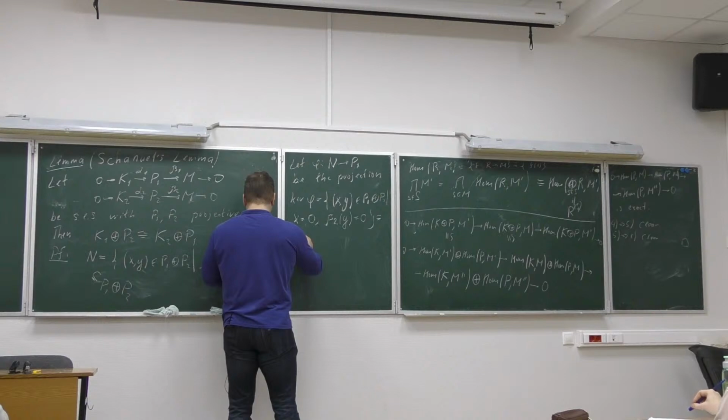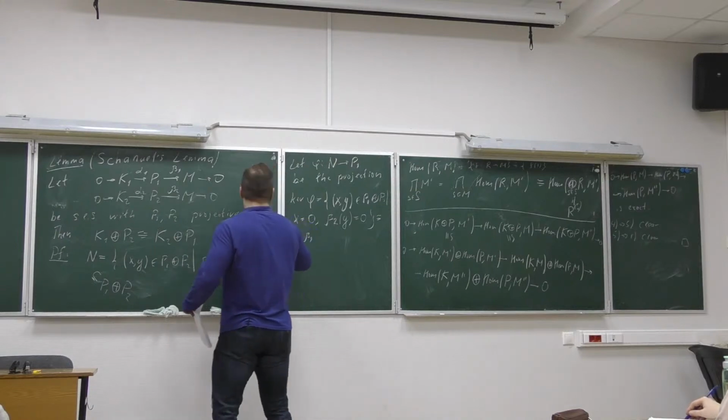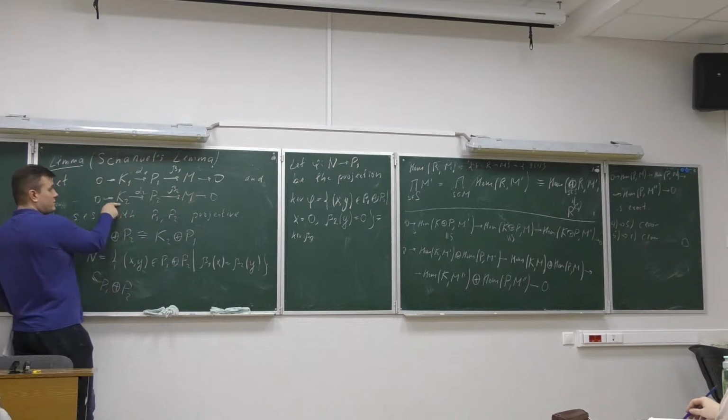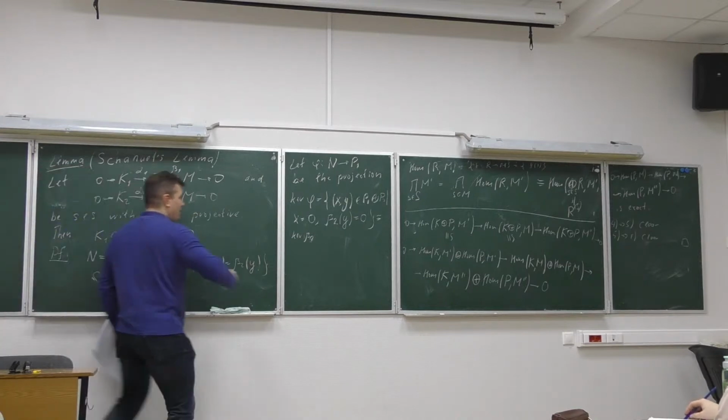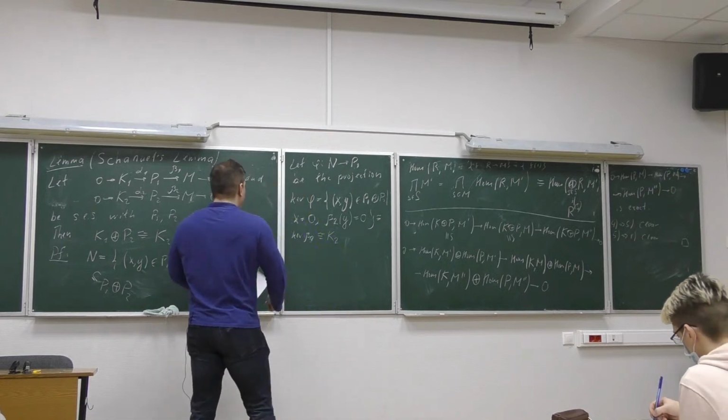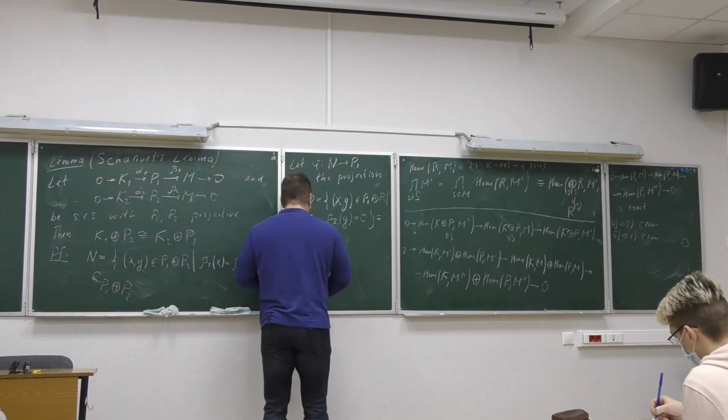This is exactly the kernel of beta 2. So what's the kernel of beta 2? This is K2. So we get a short exact sequence.